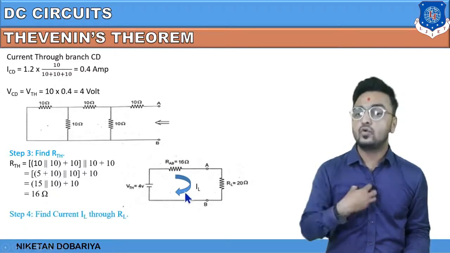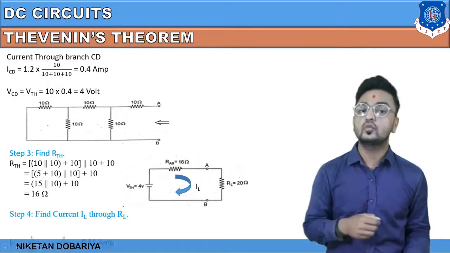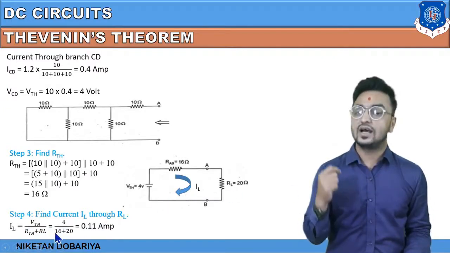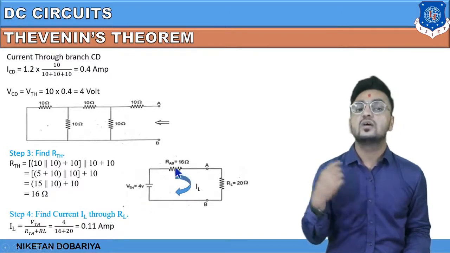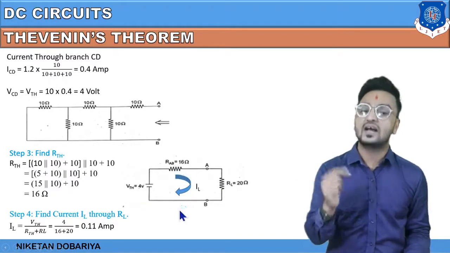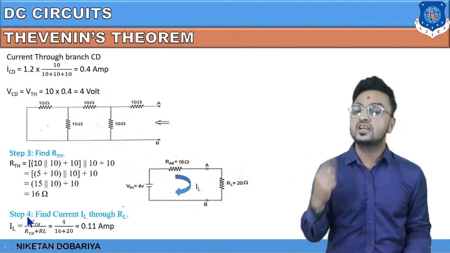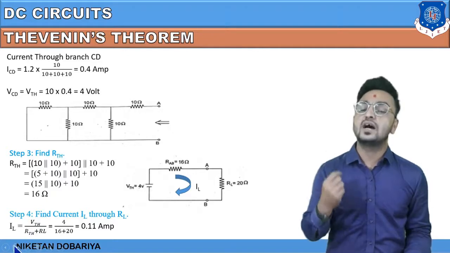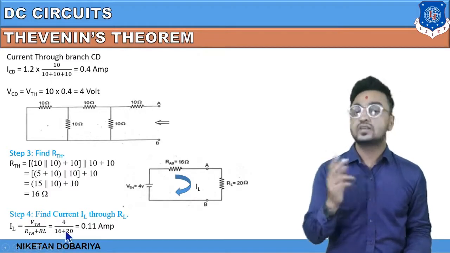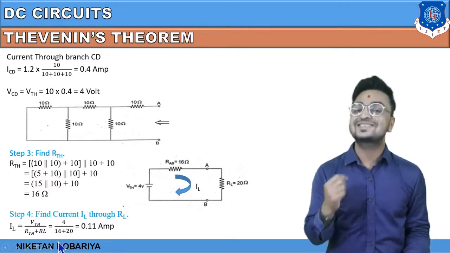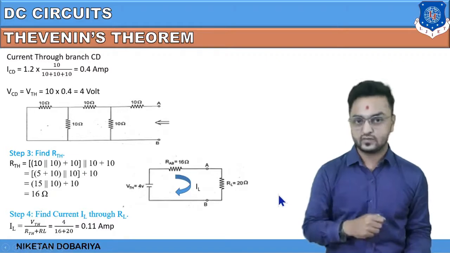So in step number 4, we will find out the load current IL, and that is going to be IL is equal to VTH divided by RTH plus RL, as given in this equation. If you put all values in this equation, that is going to be 4 divided by 16 plus 20, so that will give 0.11 ampere.